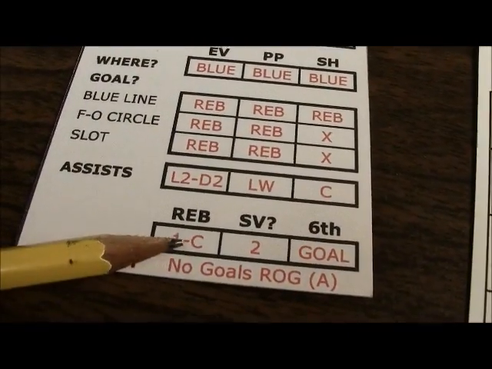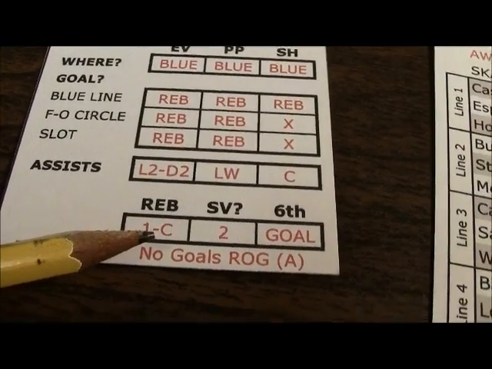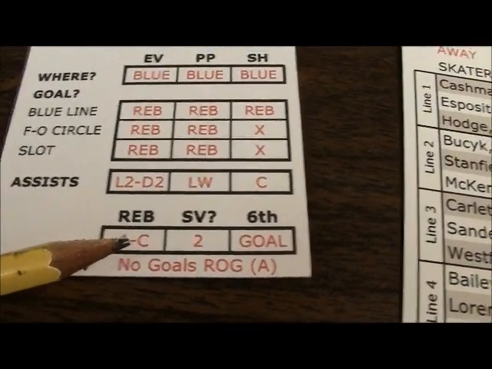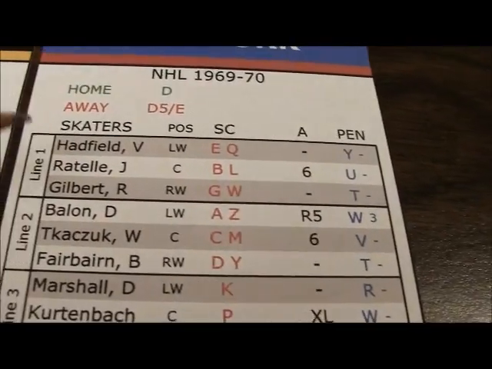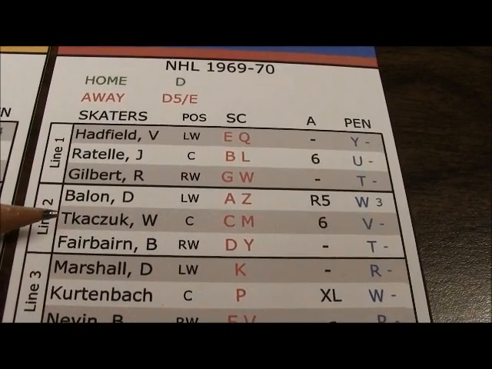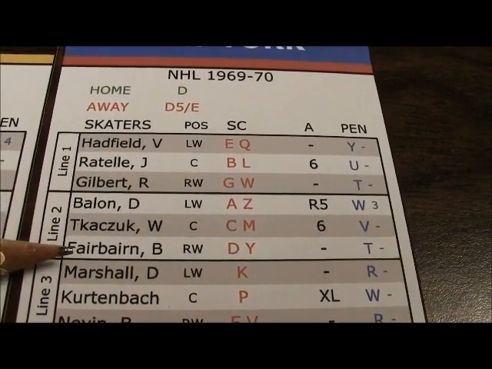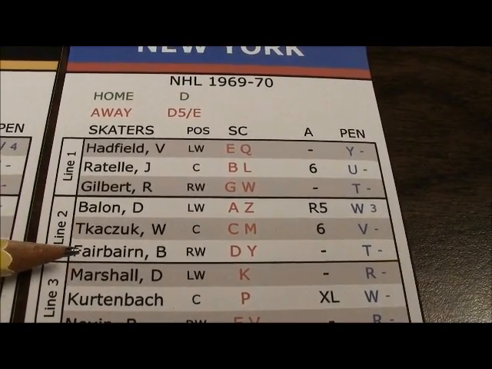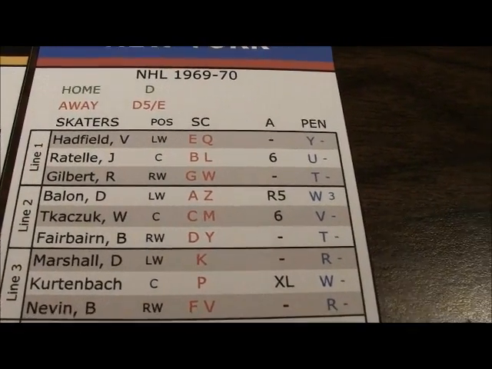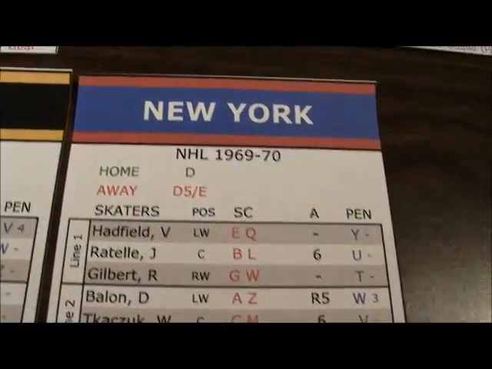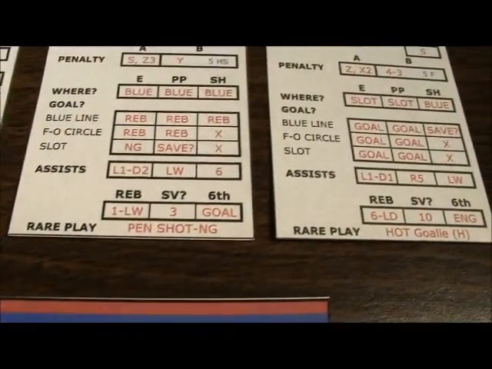And again, if that had resulted in a goal, the goal would be credited to the center, not the player that shot it in that instance. So in that case, if there was a goal, Tkachuk would get the goal, Fairburn would get an assist and credit for a shot.